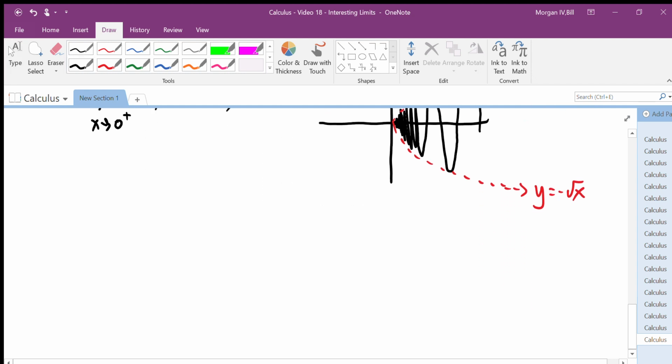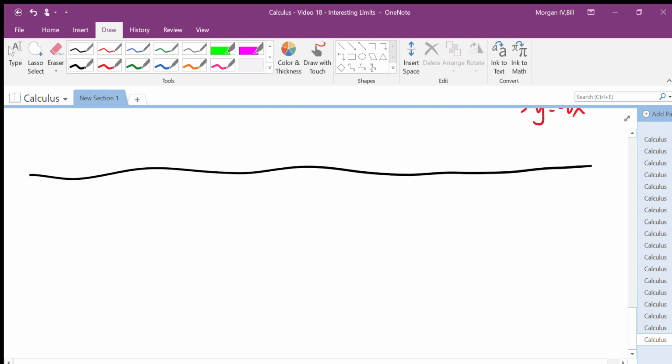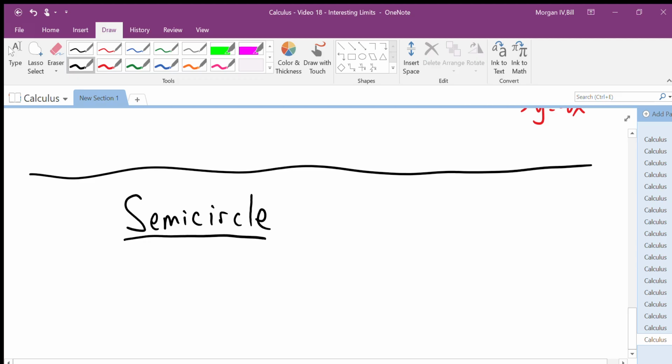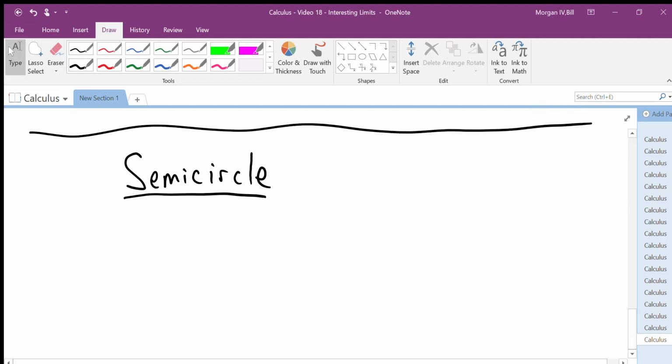All right, next interesting function, the semicircle. And maybe this is less interesting than the last one, but we use semicircles a lot in calculus. And so I wanted another example where we're graphing semicircles, mainly so that you remember them for when we do other semicircle things.